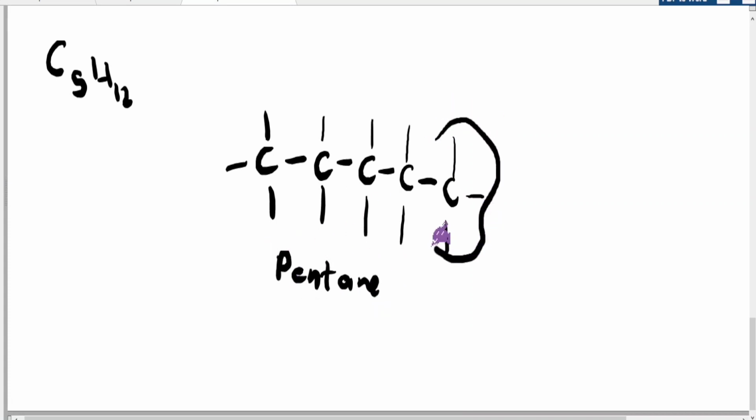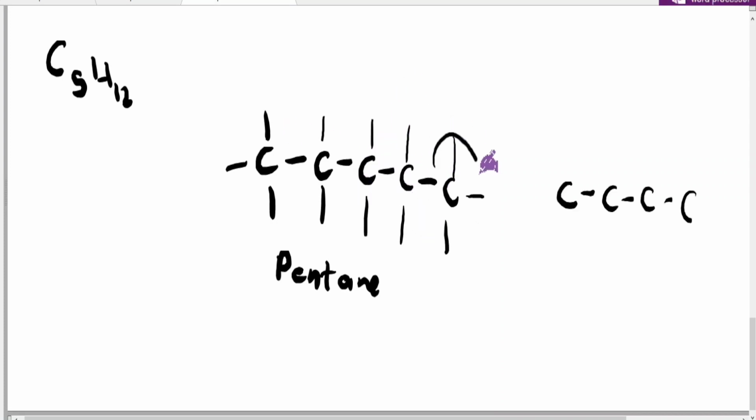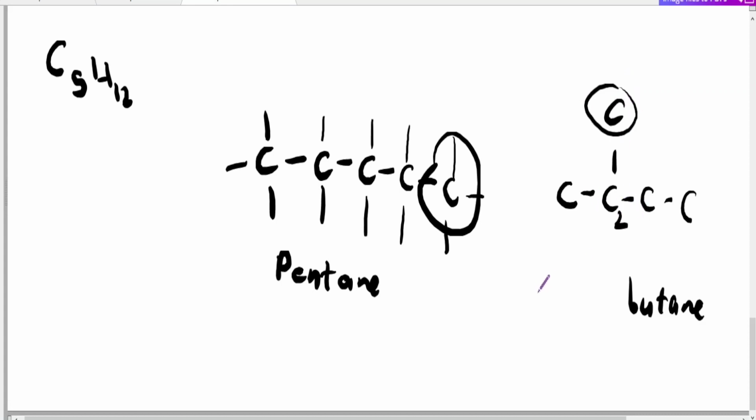I can take this carbon atom and place it right here on this carbon atom. That would give me this structure. And what would be the name of this? Meth, eth, prop, but, so butane. And the methyl group is on carbon number 2, so 2-methyl butane.